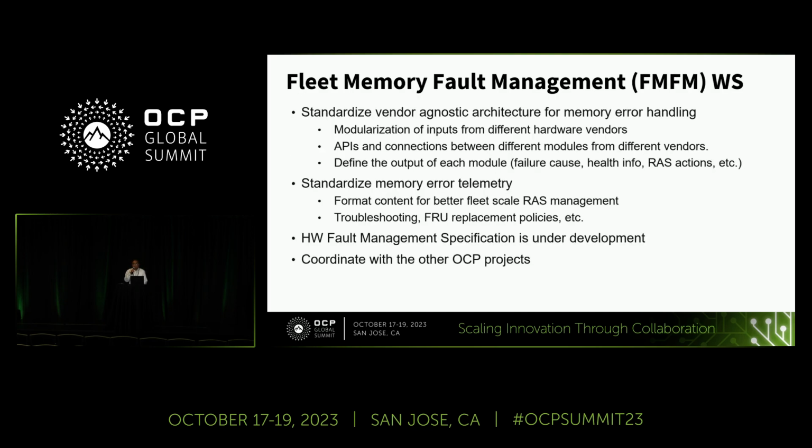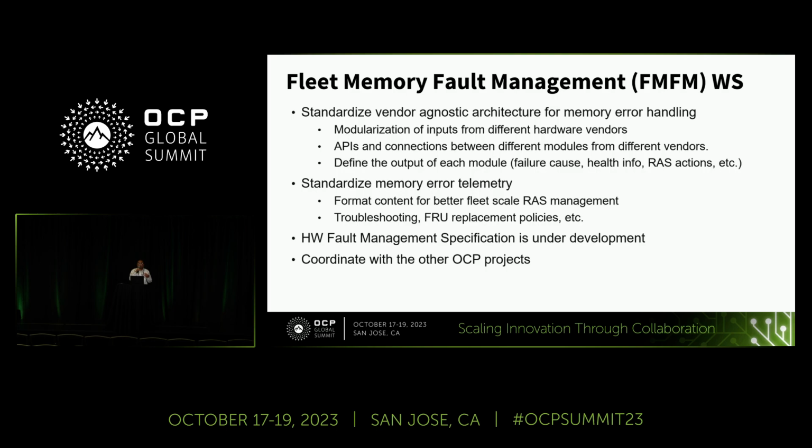Specifically, there is a workstream within that focusing on fleet memory fault management and how you handle the errors. What this does is allow you, across different hardware vendors, to standardize the representation of how memory errors are reported. There are APIs and connections with different modules that you can use.